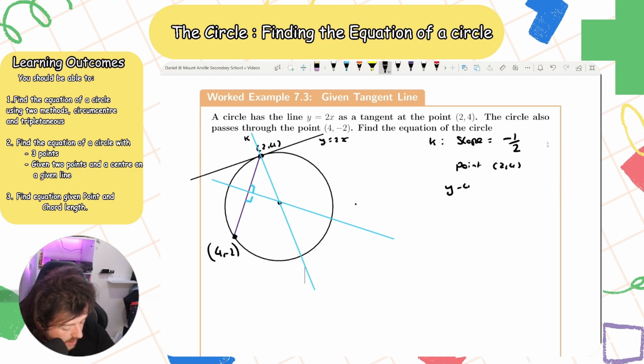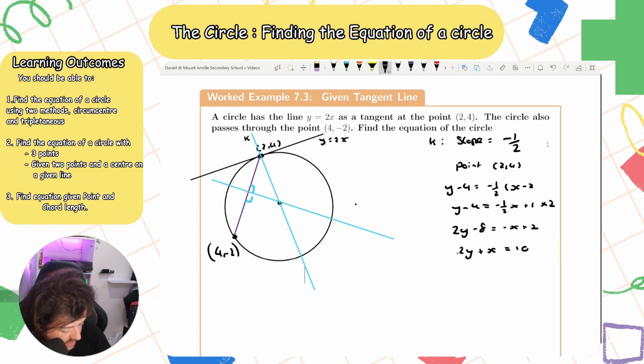So I have y minus 4 is equal to minus a half times x minus 2. y minus 4 is equal to minus a half x plus 1. Multiply across by 2: 2y minus 8 equals minus x plus 2. 2y plus x is equal to 10. That is my equation of line K, so this line right here.